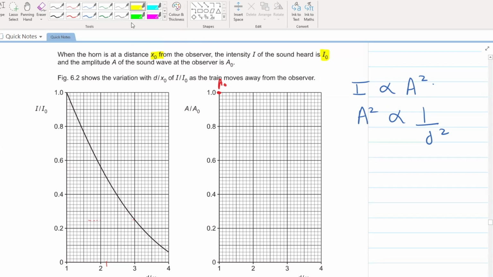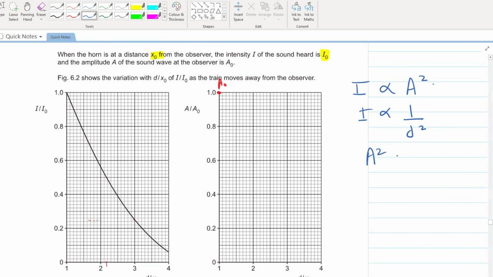I have made a blunder here, my bad. We studied two formulas: intensity is directly proportional to amplitude square, and intensity is inversely proportional to 1 over d square.